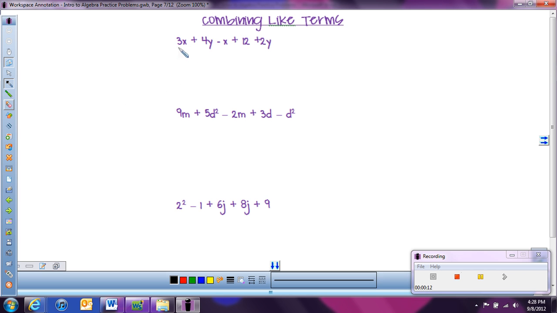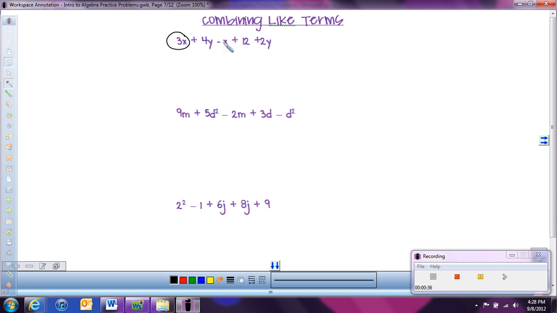So in this first column, it says 3x plus 4y minus x plus 12 plus 2y. I'm going to start with 3x. I'm going to put a circle around it. And I'm going to look for any other like terms in this expression right here. So I'm looking for anything else that has x raised to the first power. And as I go along, I see right here minus x. That's going to be a like term.